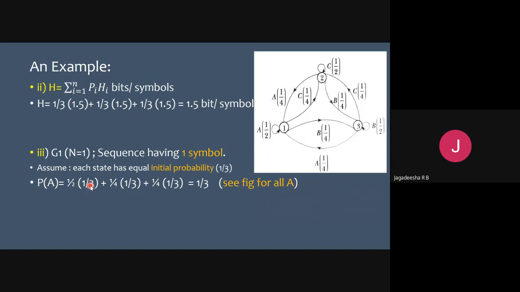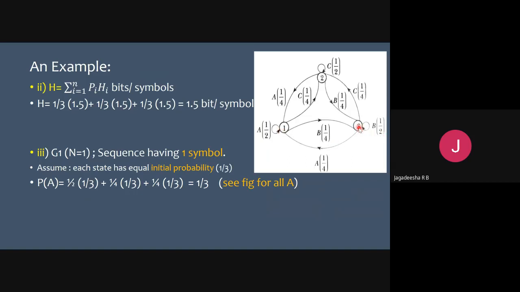So how do we get this? You see here, from state 1, it can generate A. How can it generate A? Here, this path. From state 2, here, we get A. From state 3, do we get A? Yes.